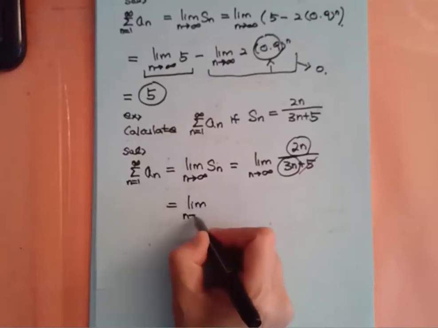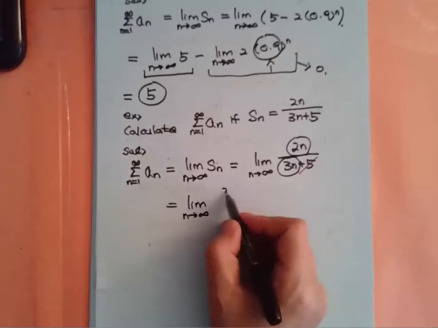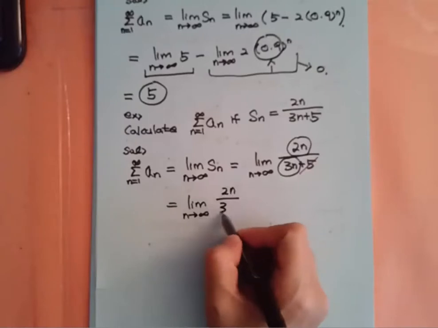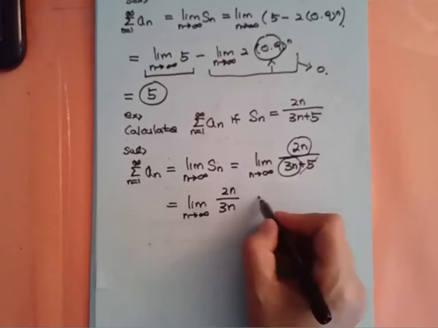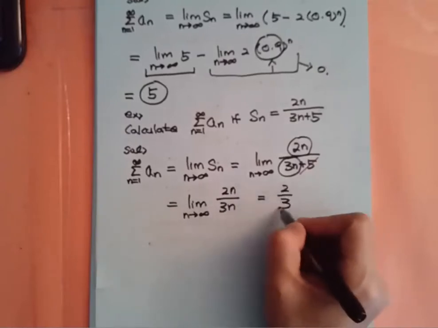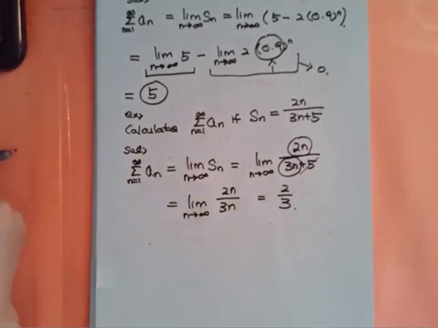Then it goes like the limit of 2n over 3n. The n will cancel each other, and so that becomes 2/3.